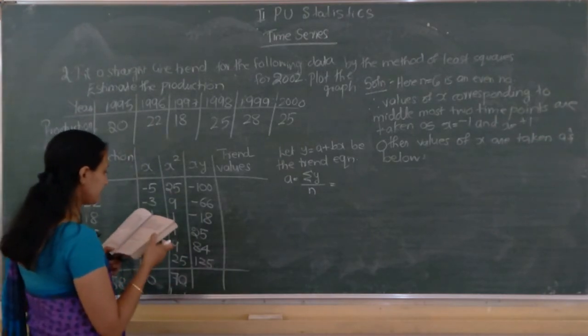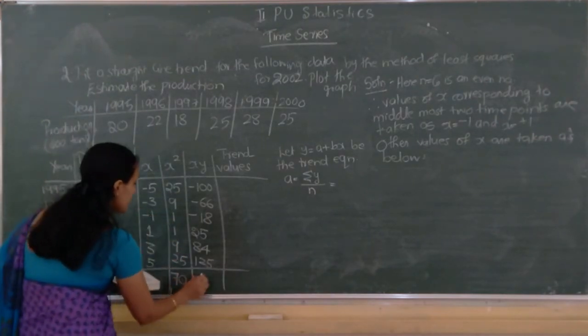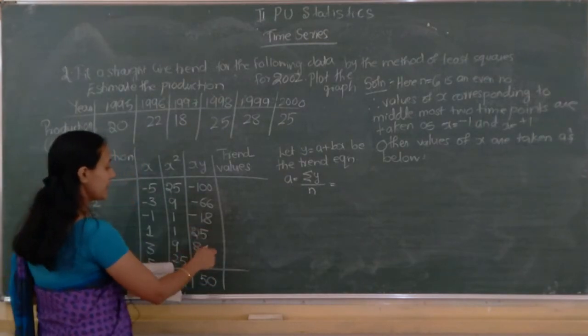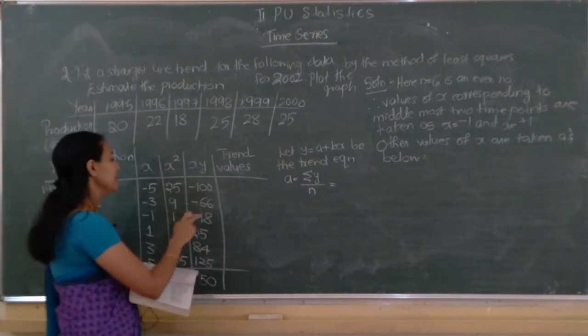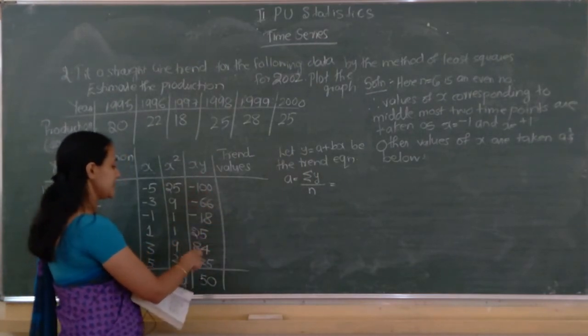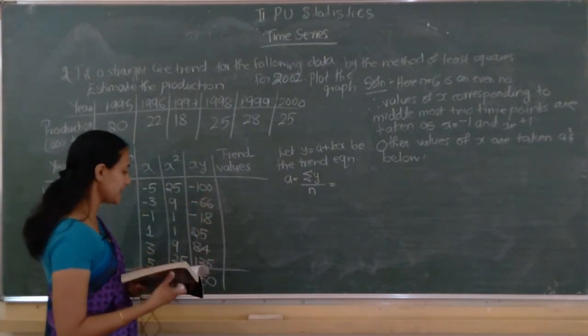Sigma xy is 50. Minus is there; you have to add 125 plus 84 plus 25 first, then subtract 18, 66, and 100, and you will get the value as 50.